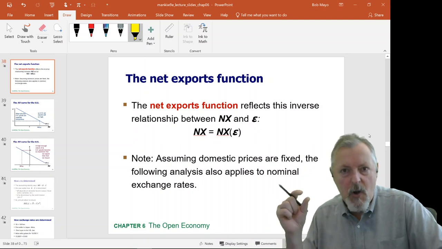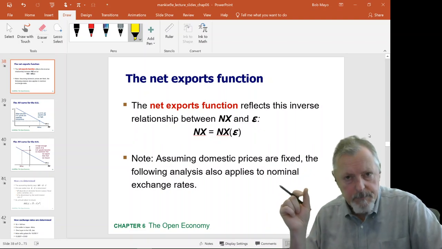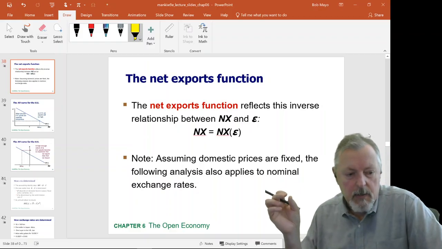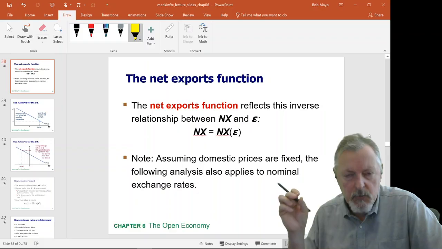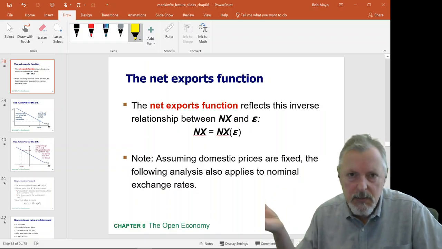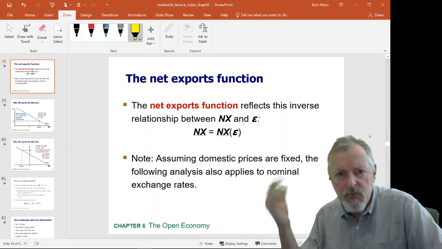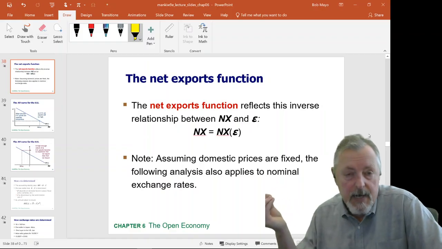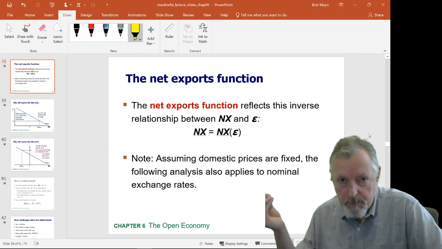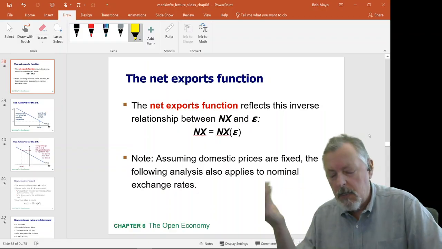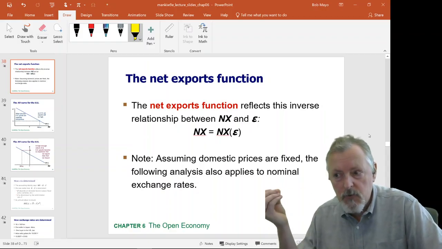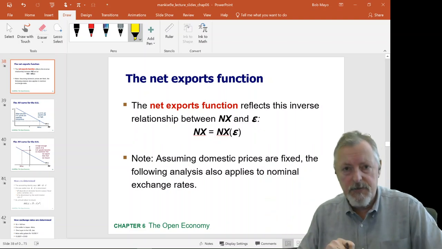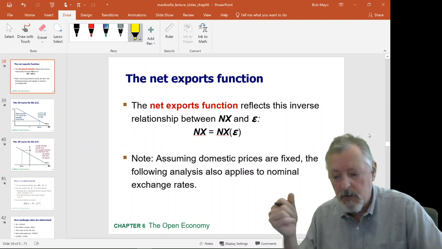Well, the ratio at which they can exchange them determines, in part, how expensive it is for them in real terms to buy that product. If they have to give up a huge number of euros to get very few dollars, they're probably not going to want to do it, which means they don't buy our product. If a very few euros buys a huge number of dollars, then they'd be more likely to do it, and our net exports would be higher.